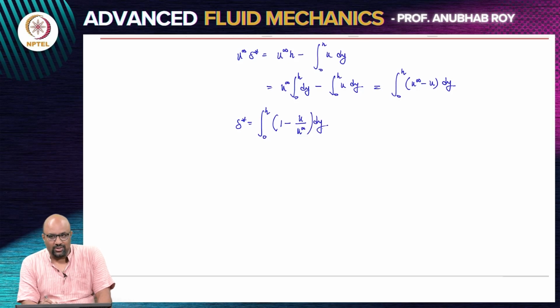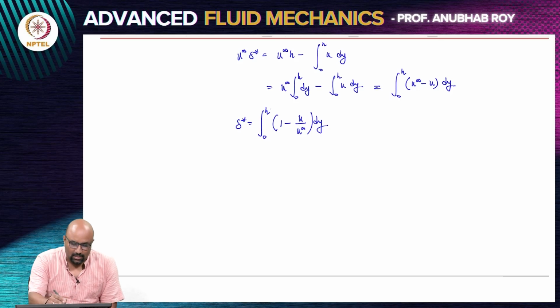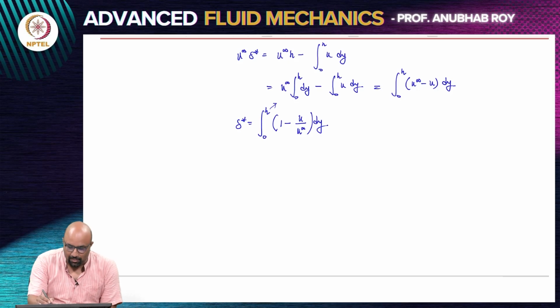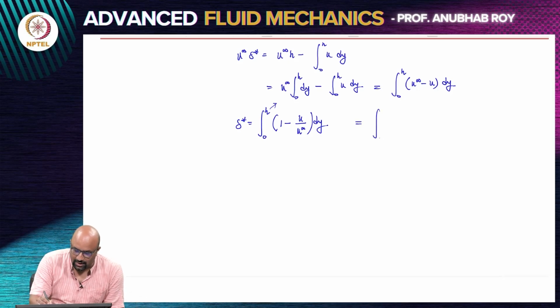Now you can push h all the way to infinity, because h is just some choice that we made initially. There is no special meaning to that value of h, it is some distance sufficiently far away from the plate. So if I push h to infinity, I get the integral of 1 minus u by u infinity, dy.